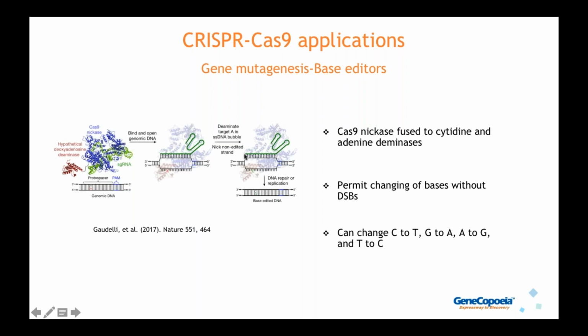And when you do this, it permits changing of the bases without double-strand breaks, and you can make any number of changes, including cytidine to thymidine, G to A, A to G, and T to C. So this is a way of doing mutagenesis without double-strand breaks, which is nice because double-strand breaks can be mutagenic in and of themselves.